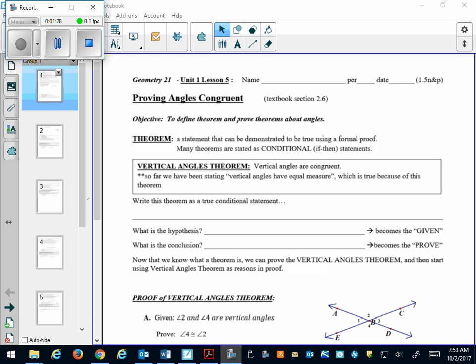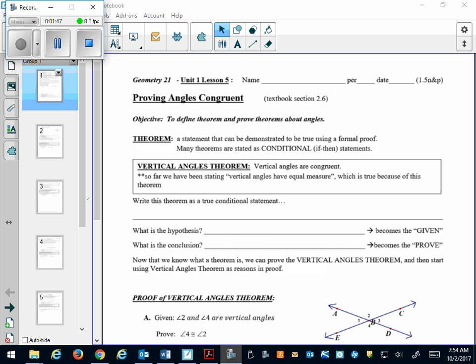Theoretically, we should do that every time before we actually use it in a proof. We don't have time to prove every single theorem. We'd be here proving theorems all day. So we don't prove formally every single theorem we learn, but several of them we do.